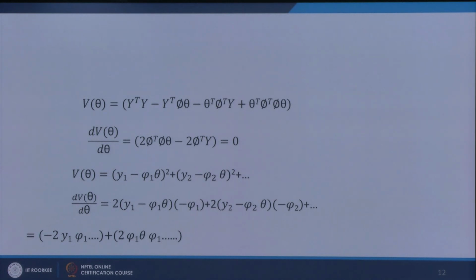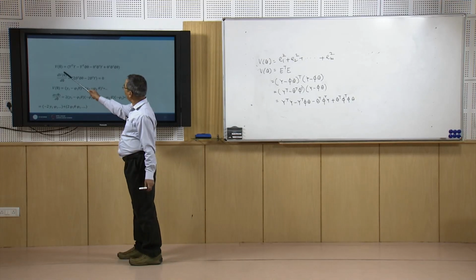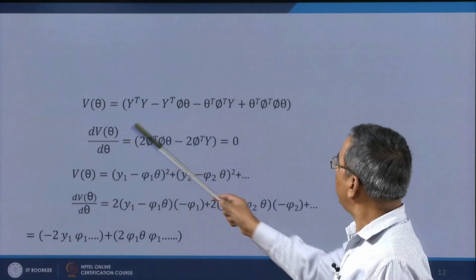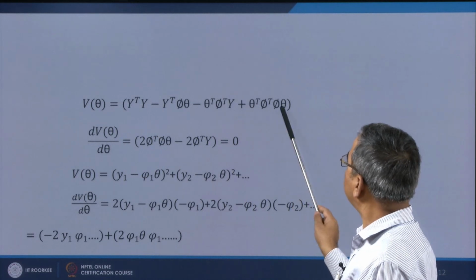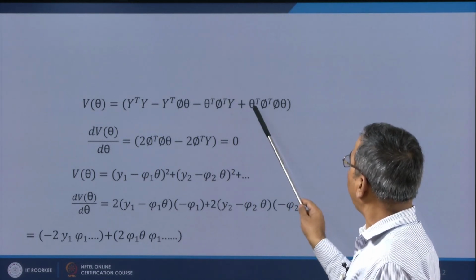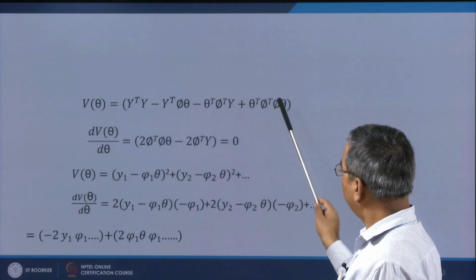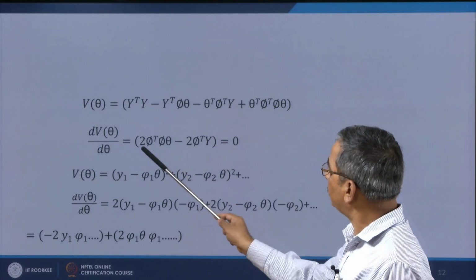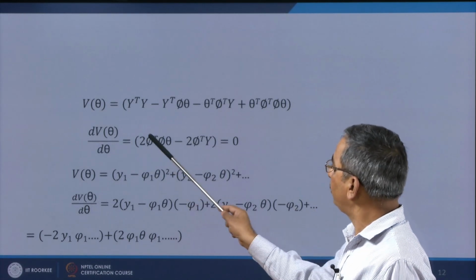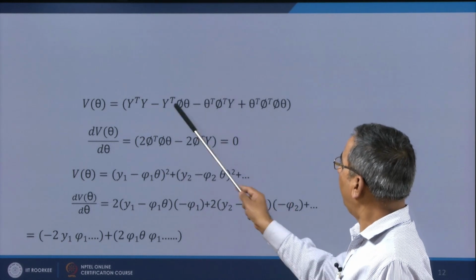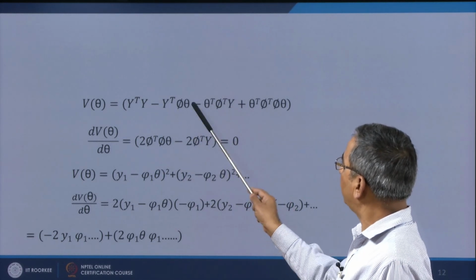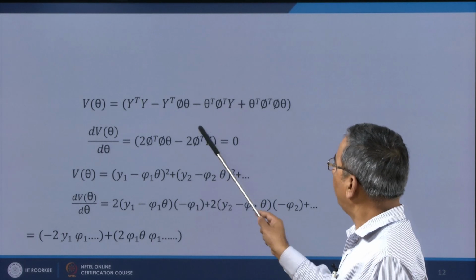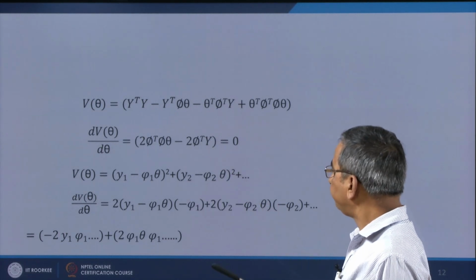I am getting this 2 because of differentiation of the square terms here, and here since there are 2 terms and we are differentiating with respect to theta, we are going to get this value.